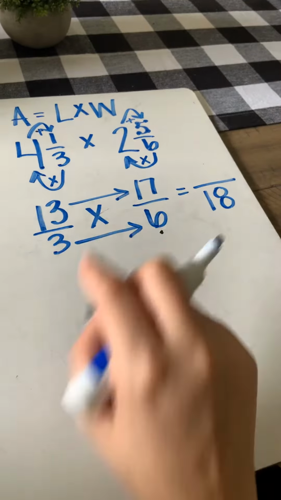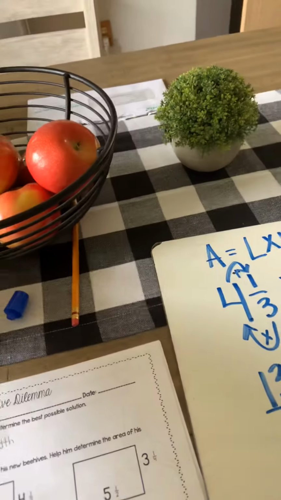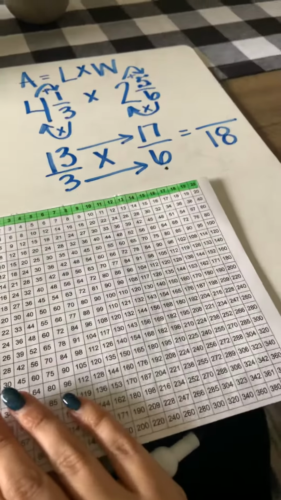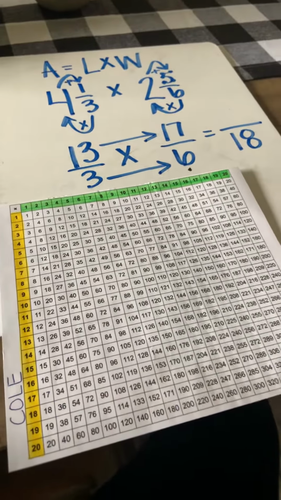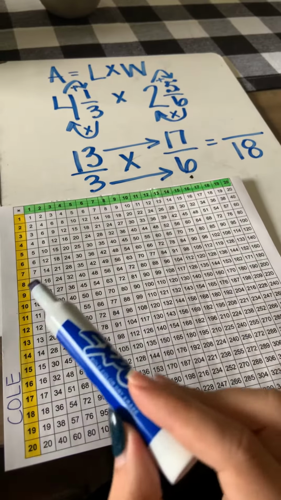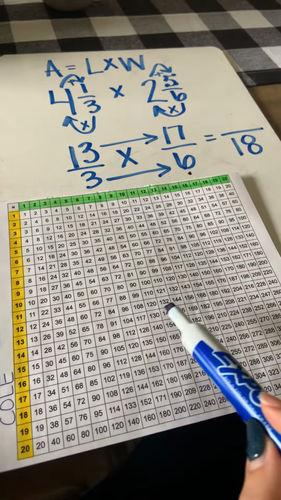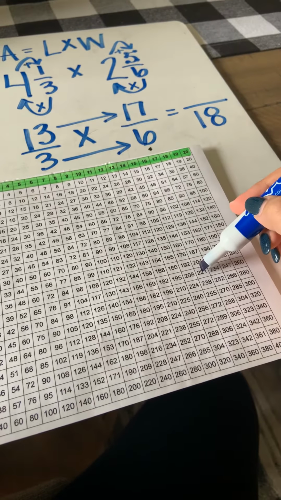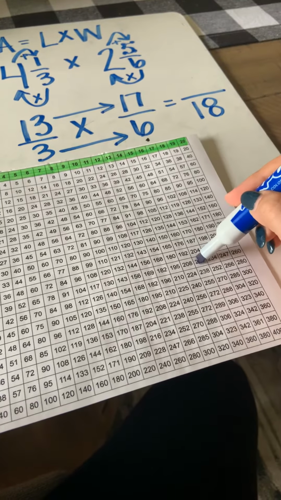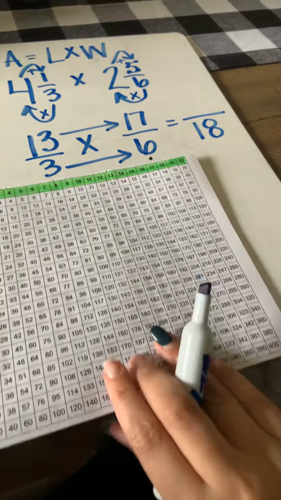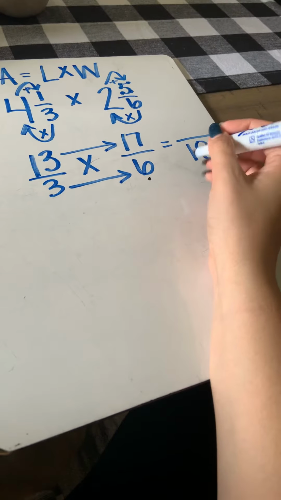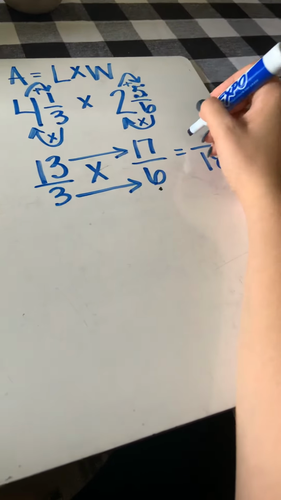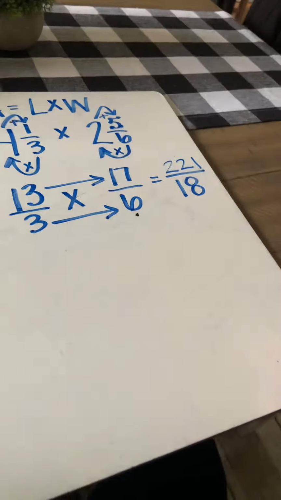So in order to do that, if you do not have a multiplication chart in front of you, here is one. So we're going to do 13 times 17. 17's here. Times 13, that's going to be 221. I'm doing that the cheating way. Okay.